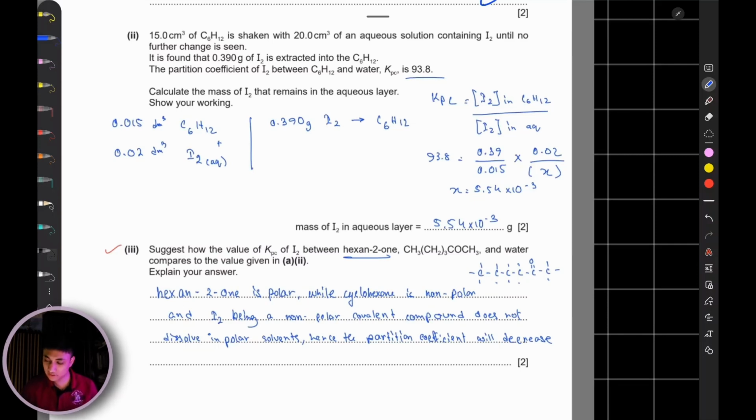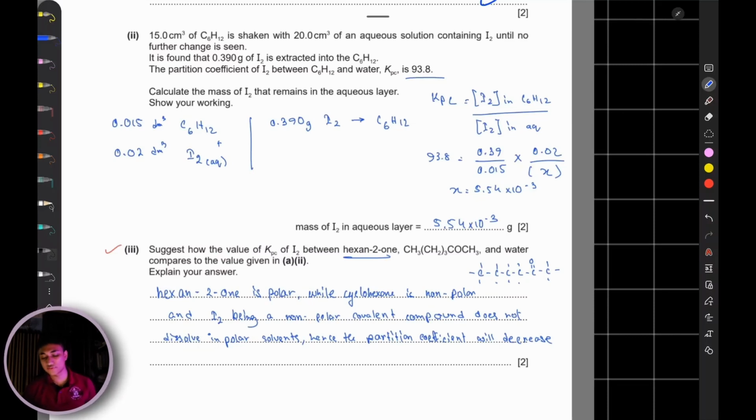This reaction mixture is kept until no further change is seen, and it is found that 0.39 grams of iodine is extracted into the cyclohexane. So initially the aqueous solution had all the iodine, and after the equilibrium has been established, 0.39 grams of iodine has been extracted into the cyclohexane solvent.